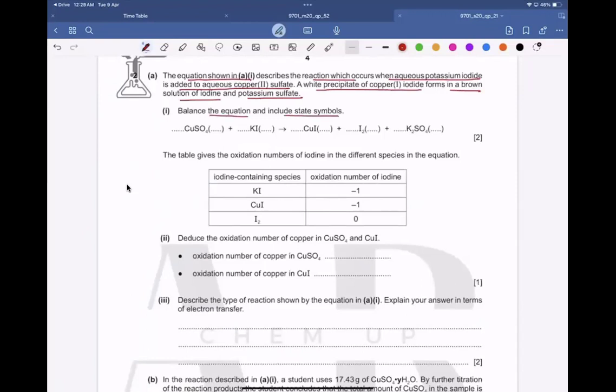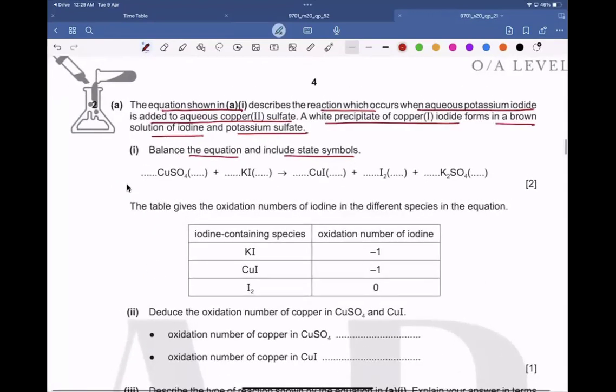Okay. So how will we balance this equation?